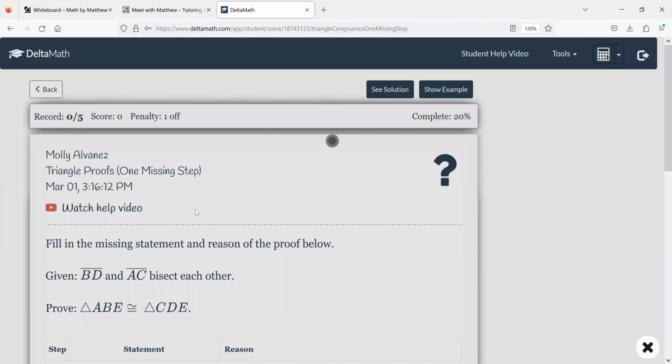All right, so now we can say that this side BD bisects AC.